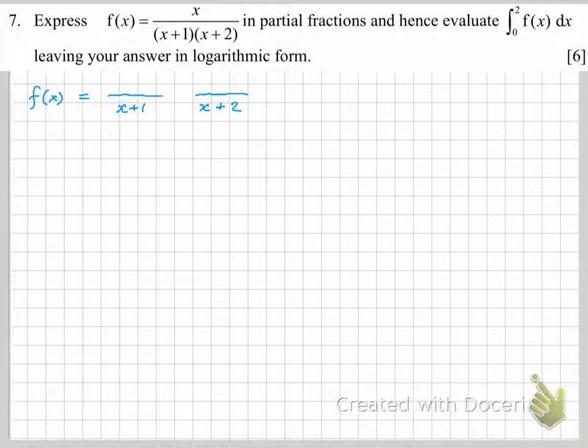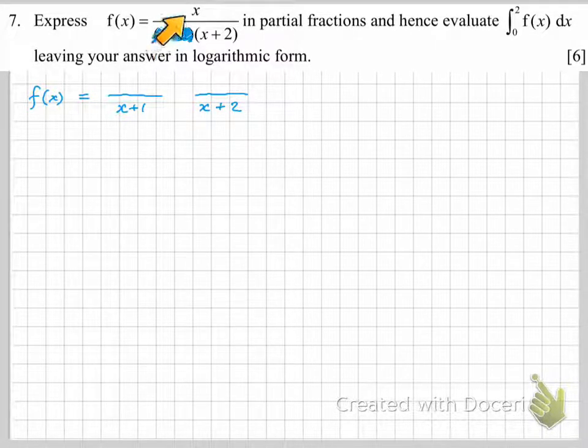So we're going to think, what goes here above the x plus 1? Well, first think, what number x for x will make this expression here 0? Obviously, minus 1. So cover up that factor in the denominator in the original expression and substitute your minus 1 in here.